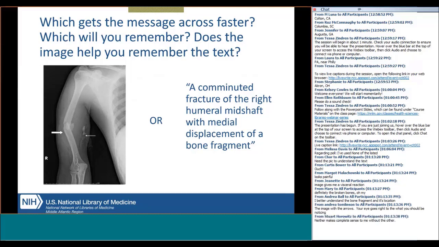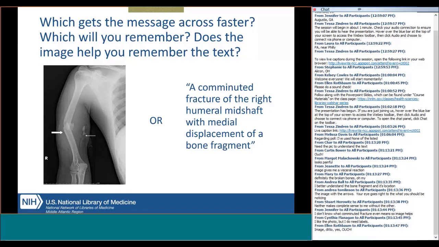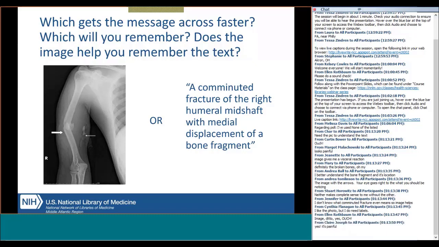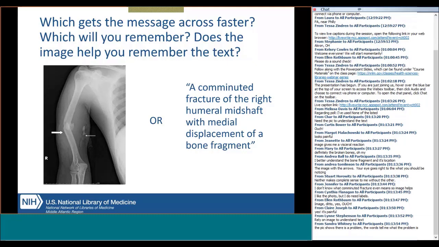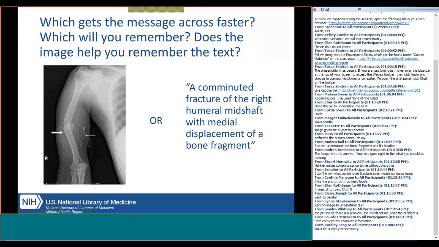So I chose this image because I used to be really interested in osteology, and I studied lots of broken bones and whatnot. And I love this because I can picture this image in my head days after I put it in this presentation, and I know exactly what it's illustrating. Whereas when I read that text, I really have to think about it to visualize it.